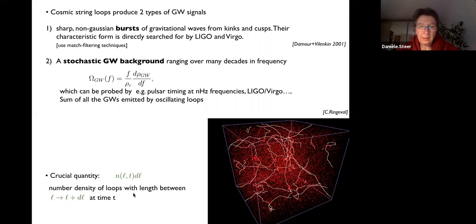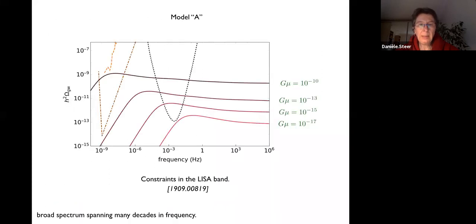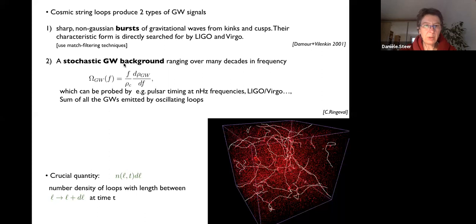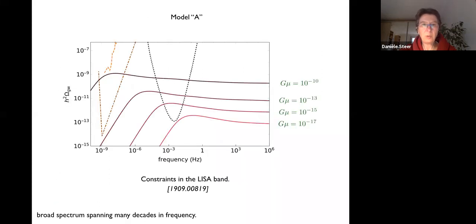Unfortunately, there's no real agreement at this point in time as to what this number density looks like, because this process is so nonlinear, it's very difficult to calculate. So in the following, I'm going to show you some predictions for the stochastic background for two models, which I don't want to go into the details of.